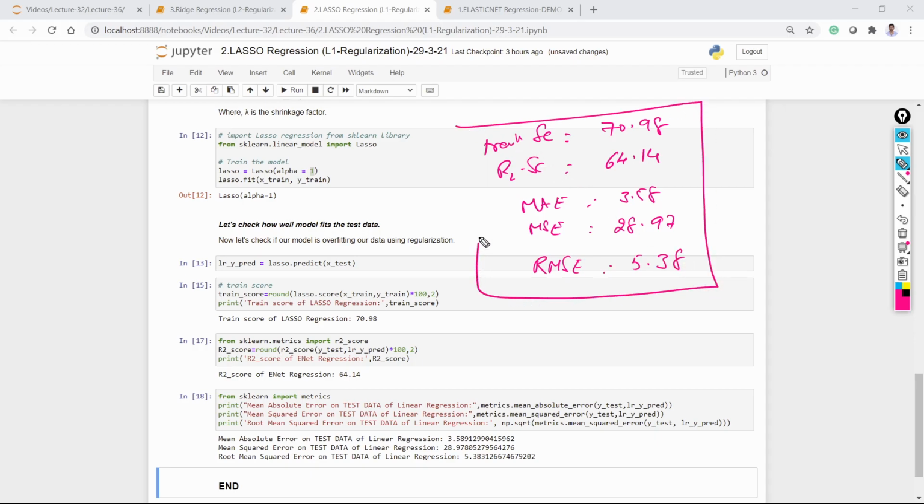So this is the result of the lasso at alpha equal to 1.